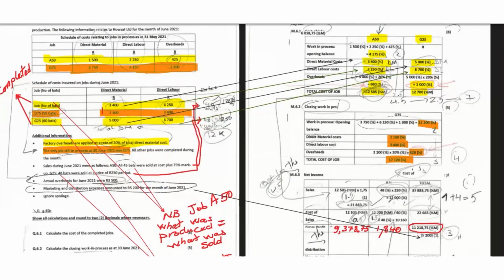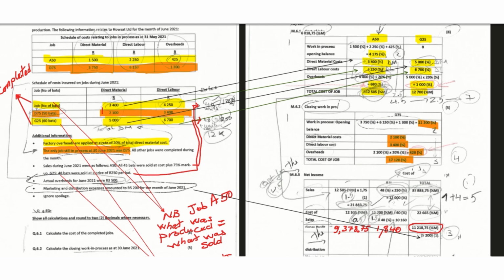The only job still in process at 30 June 2021 was D75. So we know D75 was not completed. All other jobs were completed during the month. It does make sense now.